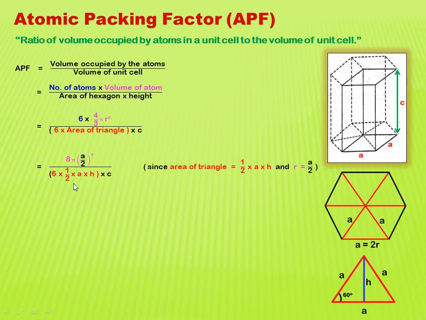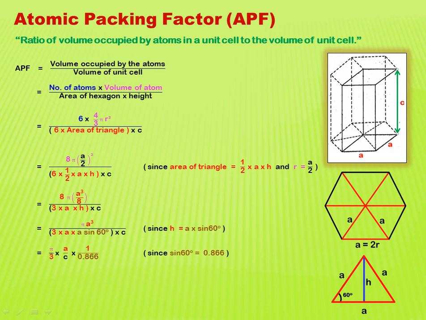It was inserted here. By simplification we get this and then this. The value of h can be calculated from this triangle by using sine ratio, which says that sine 60 is h divided by a. So h can be calculated as a multiplied by sine 60, which is inserted here. By simplification we get this.